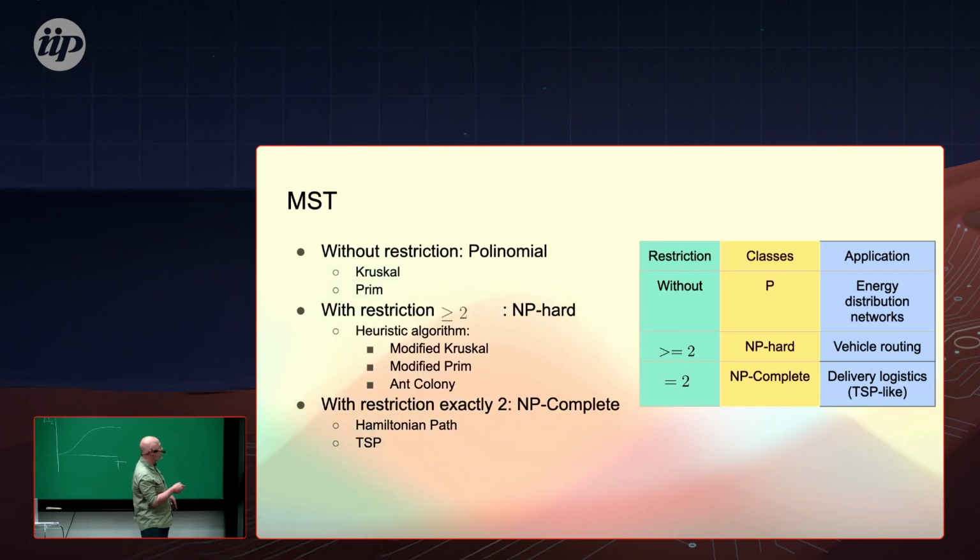But this problem is now not a very easy problem. It's actually NP-hard. And actually when the restriction is 2, not larger than 2, then this is even harder in general. So this is an NP-complete problem. So for example, it is related to delivery logistics in general, okay?